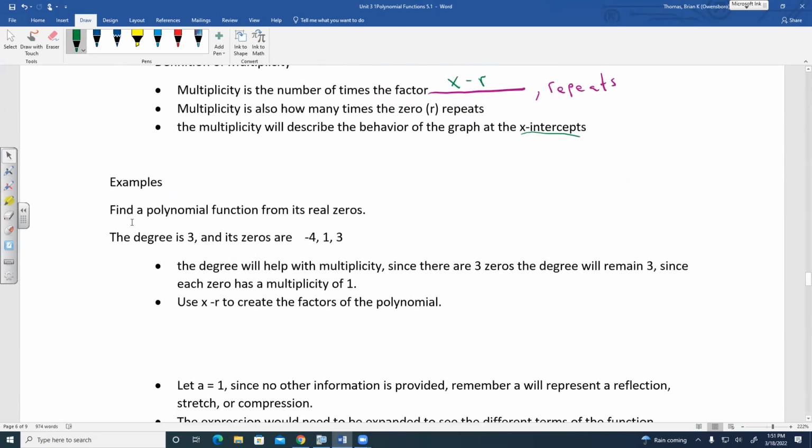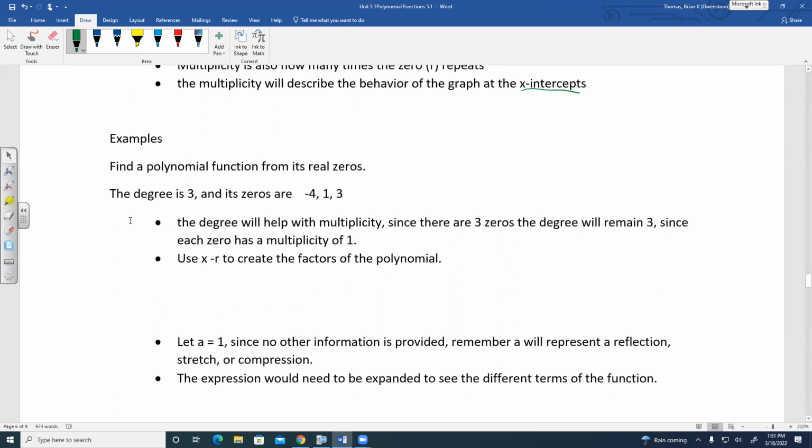Let's see if we can put this to work a little bit. Find the polynomial function that has the following zeros. We're telling you that the degree is 3, and these are the zeros: -4, 1, and 3. Remember, r represents the zero, and x minus r is going to represent the factor.